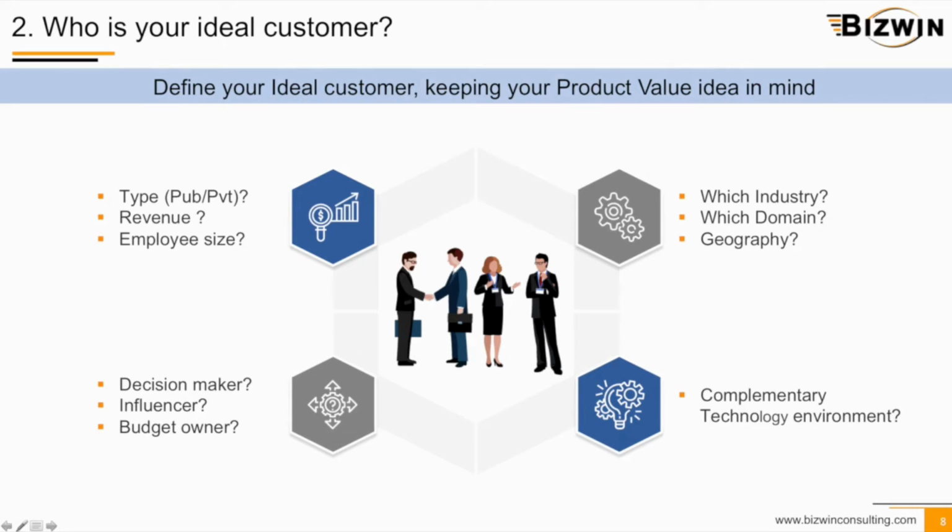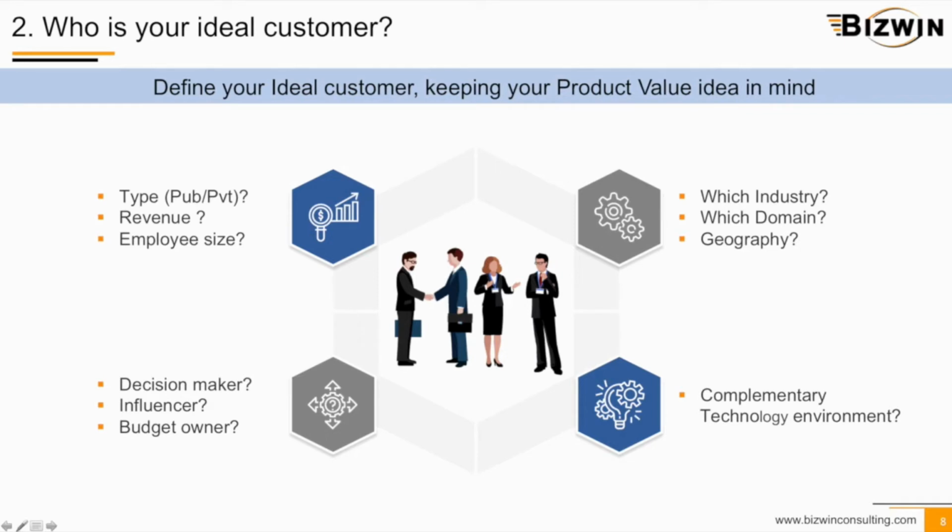Then we have to understand who could be the decision maker, influencer and budget owner for this kind of a purchase. Because when you are defining the value, until and unless you define it in a way which resonates with the decision maker, influencer and budget owners, you will not be able to make much headway. And the fourth aspect is complementary technology environment.